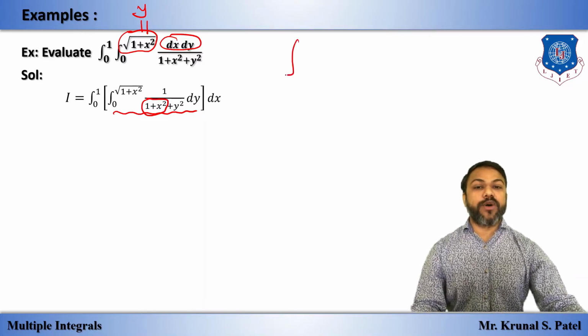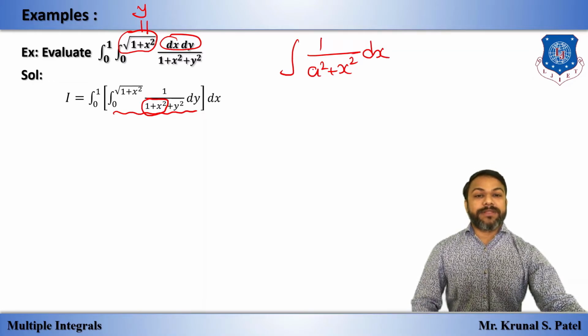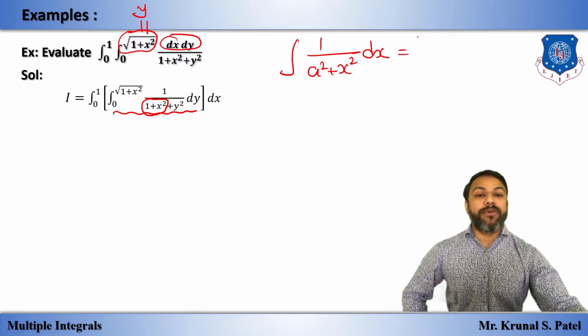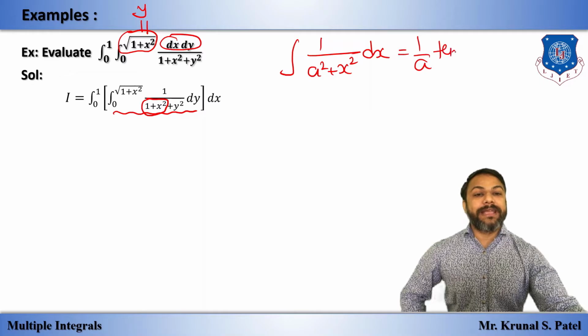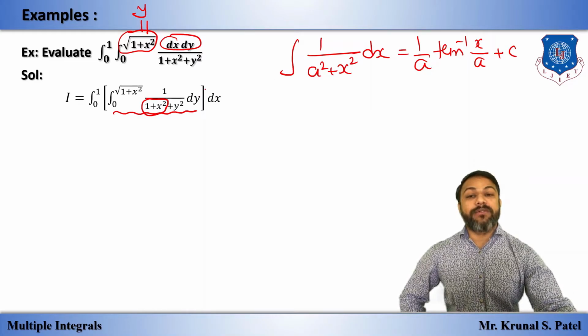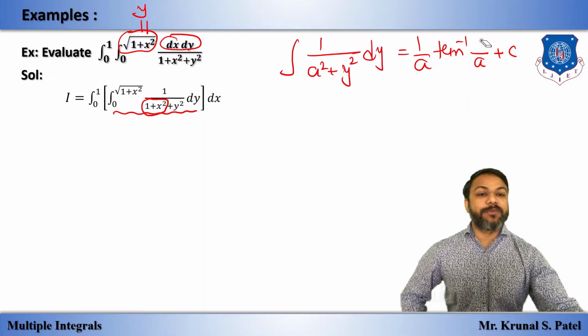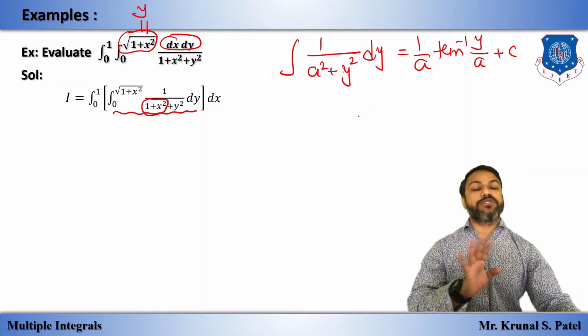Now we have one formula, 1 upon a square plus x square dx as per the list, and for that we have the formula 1 by a tan inverse x by a. This is the formula of integration. Now our variable is y, so this x becomes y, dy. Other than that, there is no change.